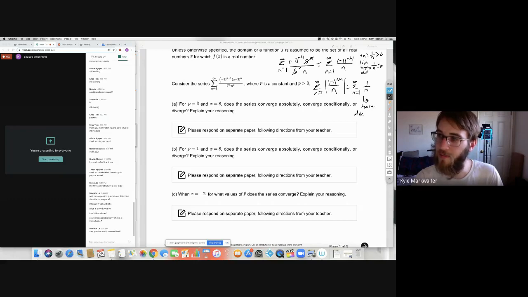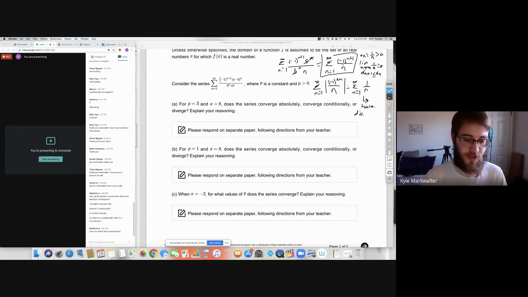And a sub n plus 1 is less than a sub n, because 1 over n plus 1 is less than or equal to 1 over n. Therefore, by the alternating series test, this series is convergent. It's not absolutely convergent, so we say it's conditionally convergent.